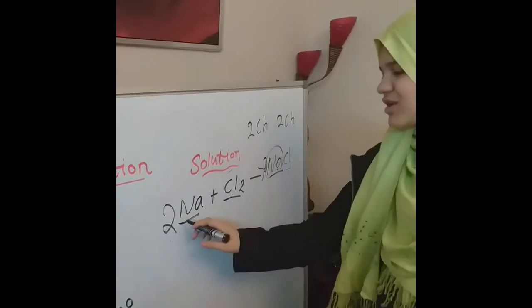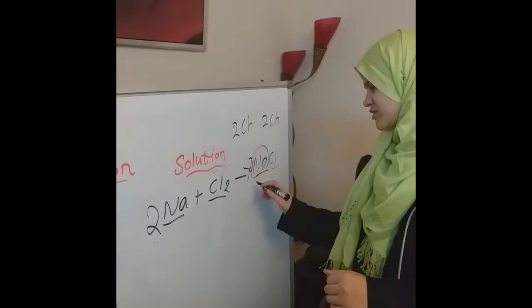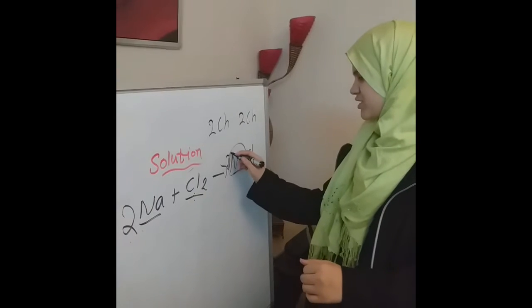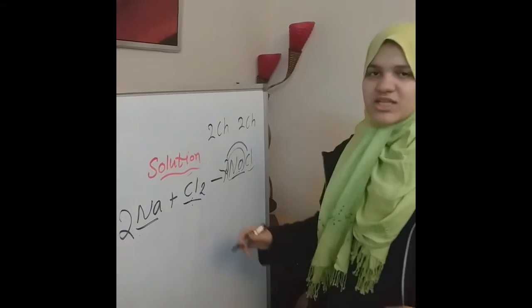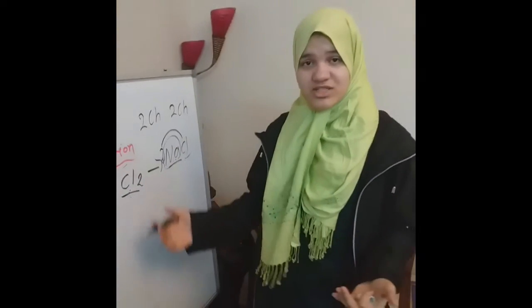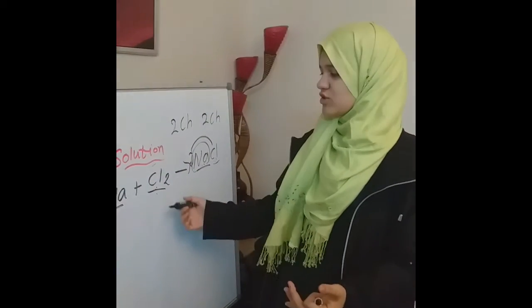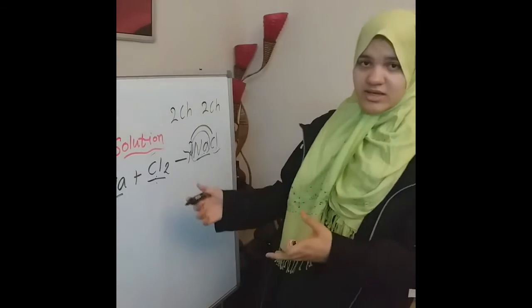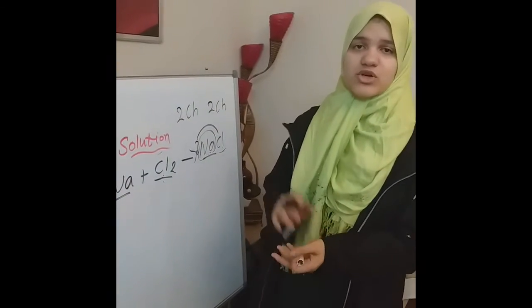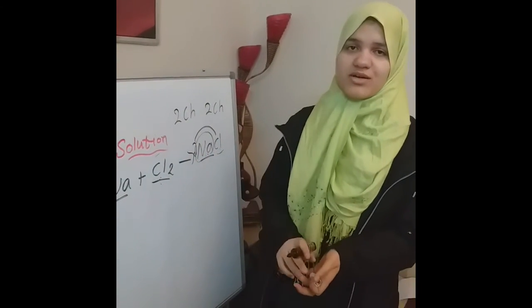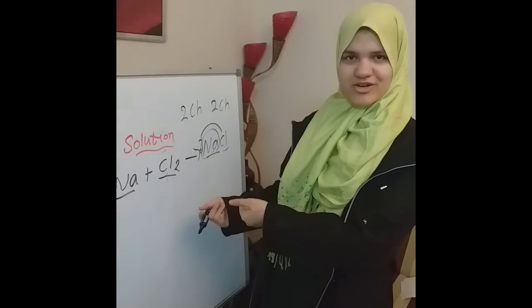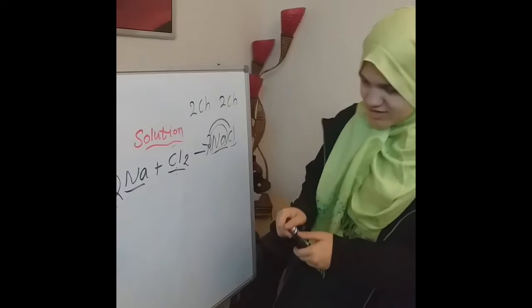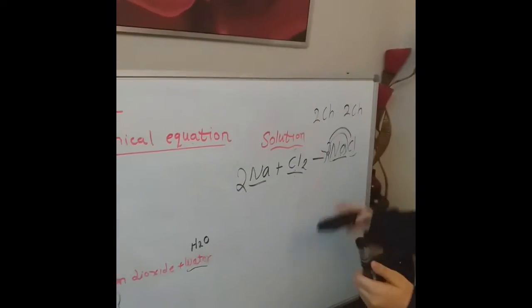That means 2 atoms of sodium and 2 atoms of sodium, 2 atoms of chlorine and 2 atoms of chlorine. So it is balanced, and the total atoms of sodium and chlorine is 4, because 2 plus 2 is equal to 4. This is like a bonus example. Let us go for the 5th example.